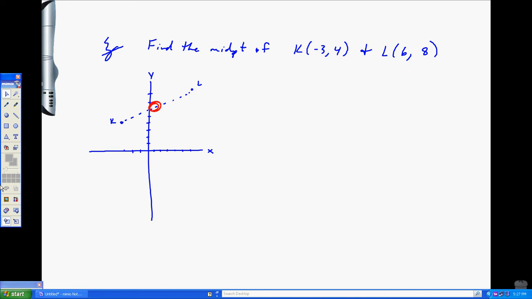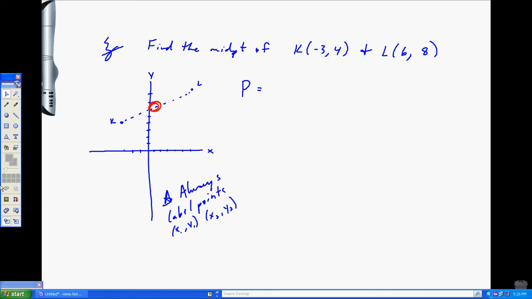But remember, the midpoint of 2 points, whatever they are, is the average of those 2 points. So the first thing you always do with this stuff is always, again, I hope you're saying this, always label points x1, y1, x2, y2.